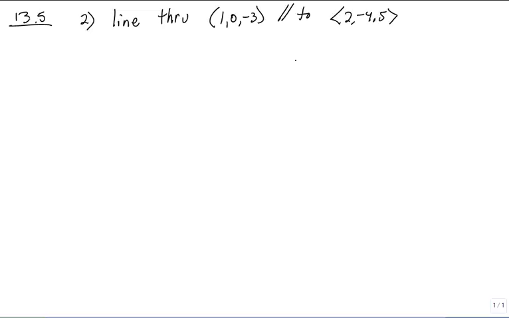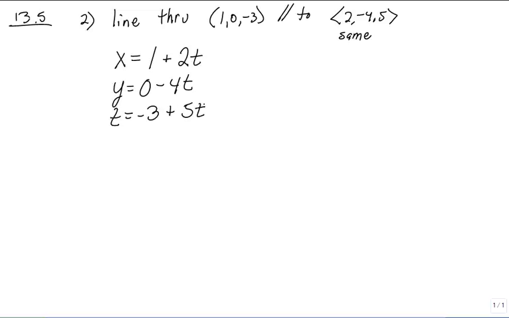Well, then they're going to have the same direction vector if it's parallel, and this is the point, so it's just going to be x equals 1 plus 2t, y is 0 minus 4t, and z is -3 plus 5t. So remember, this is the point, and this is the direction vector. And that's all you do.